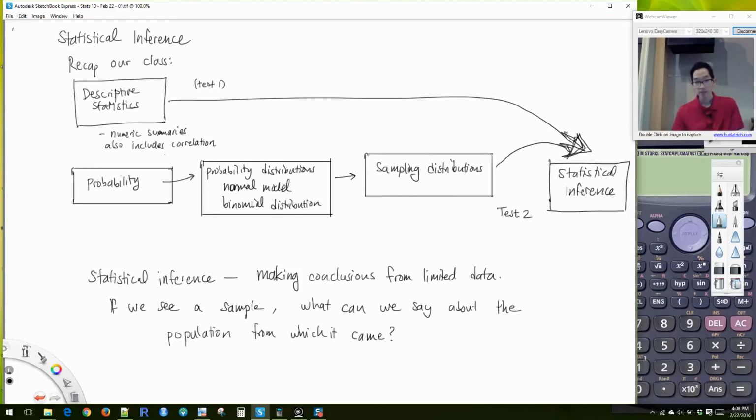That's essentially what we're going to do with statistical inference. So our first topic in statistical inference is the confidence interval. I'm going to flip to the next slide here.